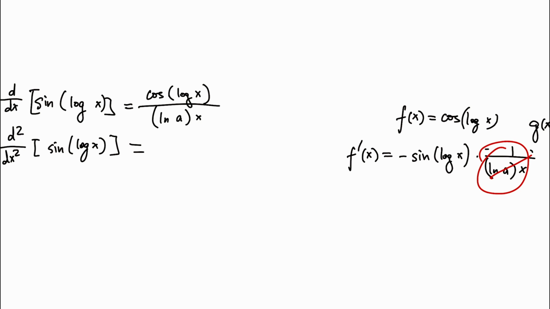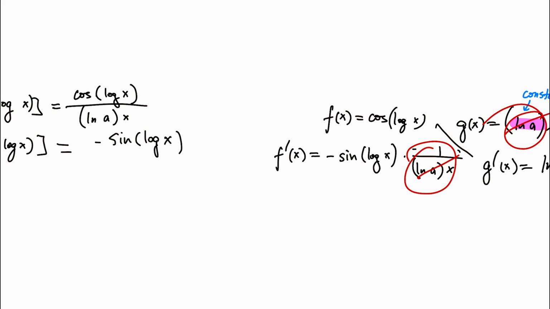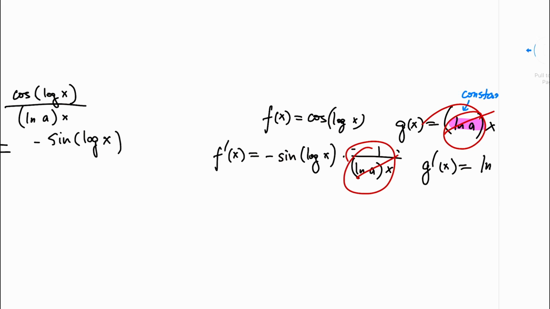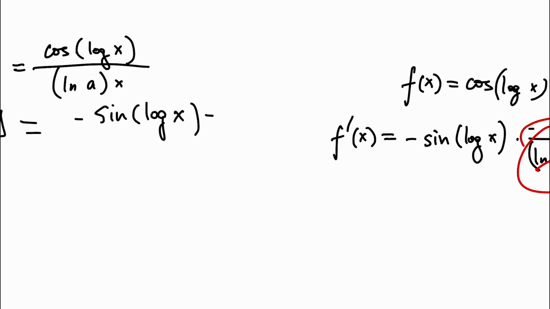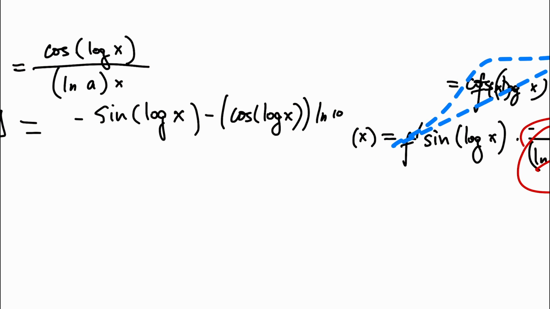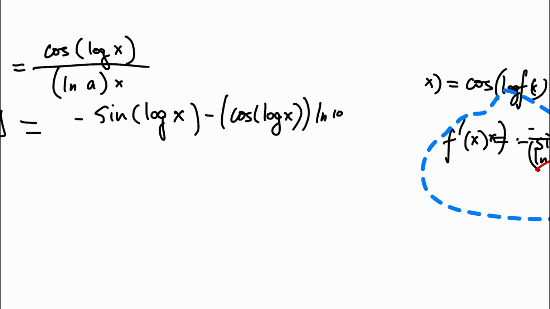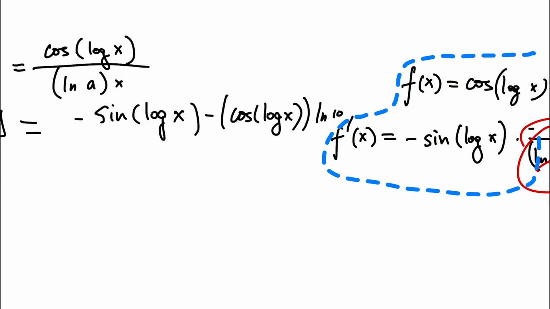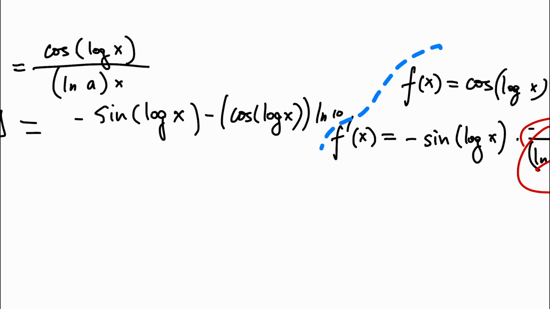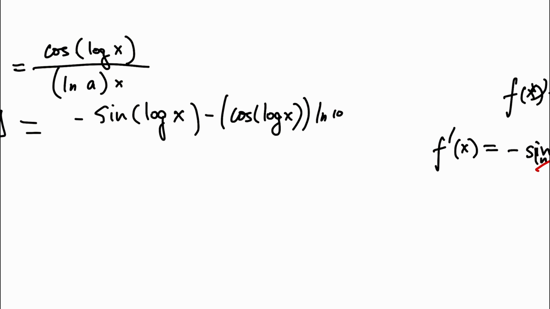So what we actually have is this negative sine of log of x, from which we need to subtract this multiplied together, and that is actually equal to cosine of log of x times ln of 10.